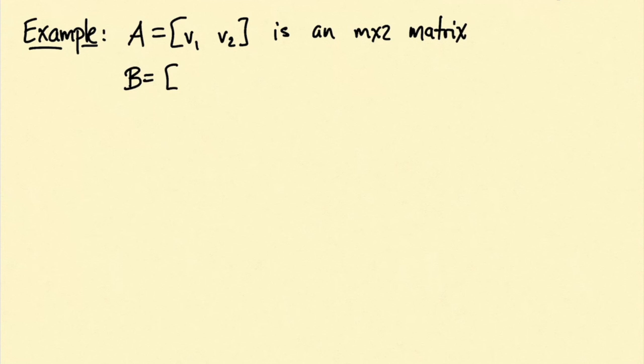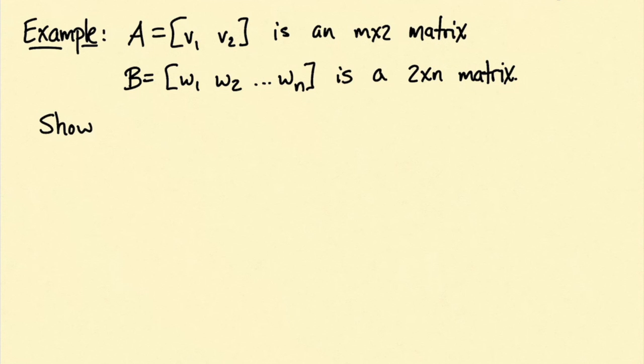We're also going to take a matrix B whose columns are w1, w2, down to wn, which is a 2 by n matrix. We're going to show that the matrix I acts like a right identity on A and acts like a left identity on B. So if you want a challenge, you could take a second, pause the video, and try to work this out yourself.